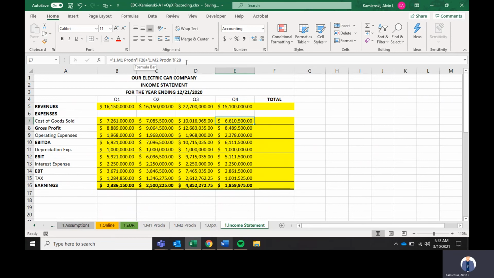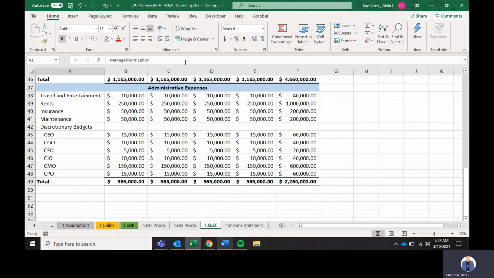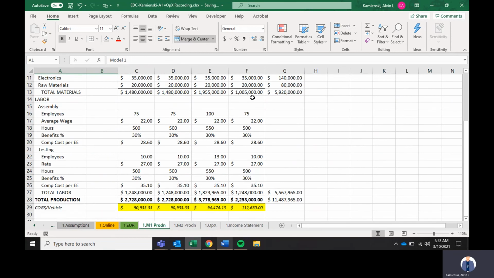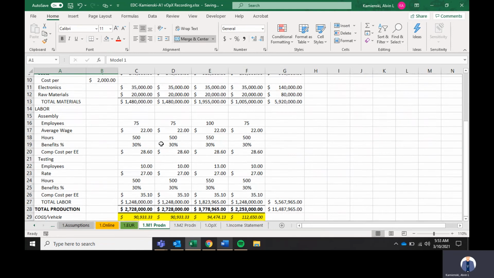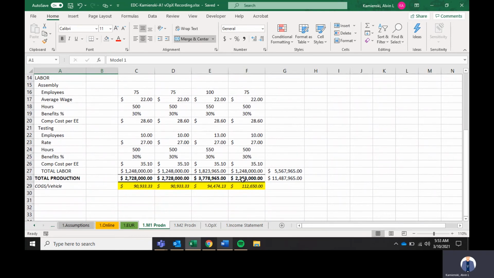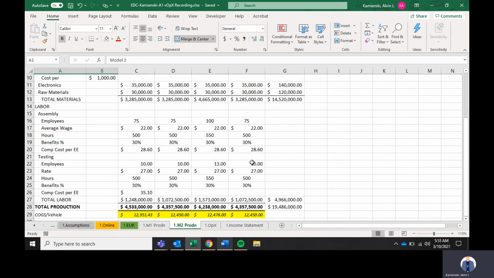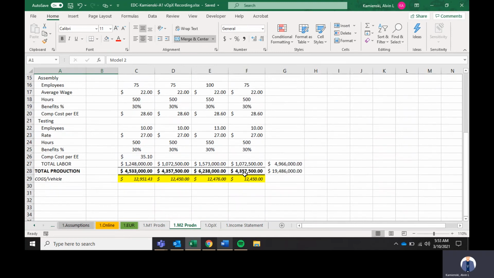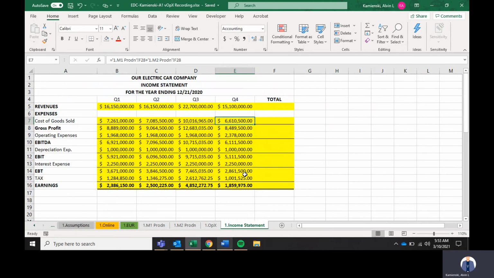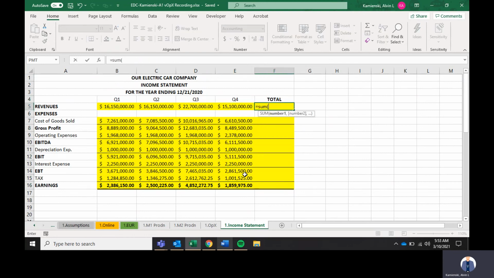Production 1, F28. Production 2, F28. Production 1. I see. Whereas, does it say F28, quarter 4? Production 2, F28. Great. So it looks like I have good solid formulas, and I know that I did my first ones right, so if I copied and pasted them across, they should all be the same.